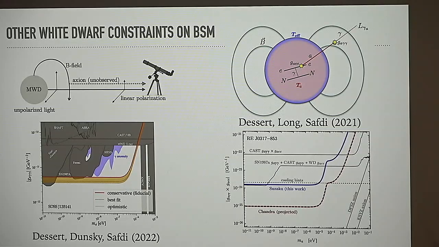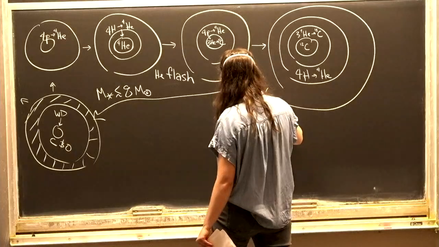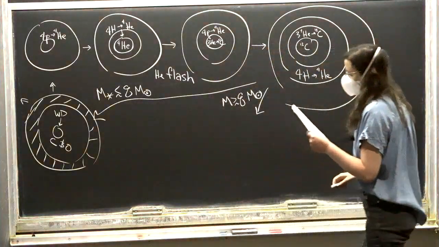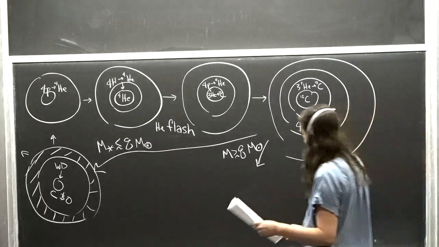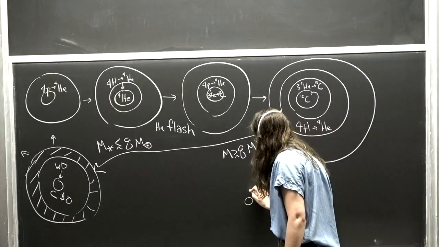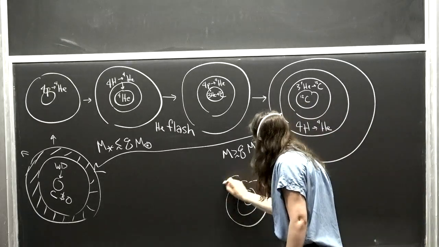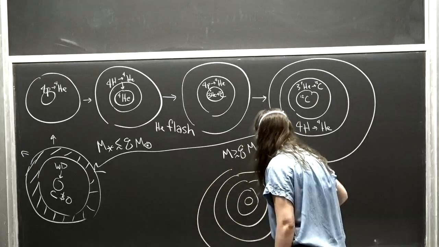But that's not the only thing that can happen, because in the event that your mass is greater than around 8 solar masses, I'm notoriously a bad drawer, so we'll see how this goes. We get this onion skin model.